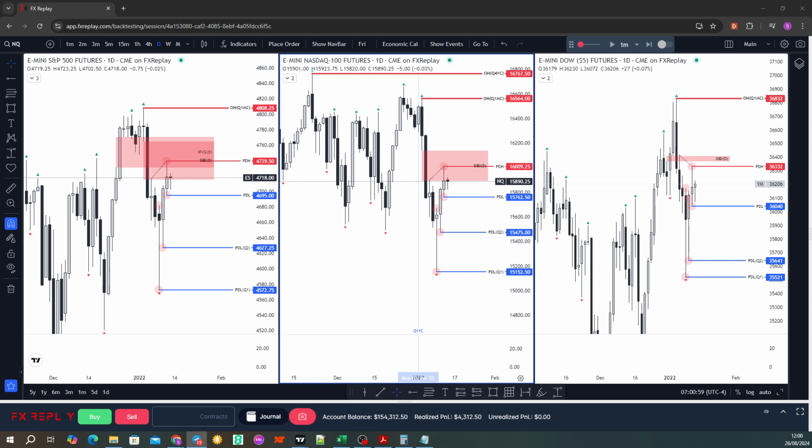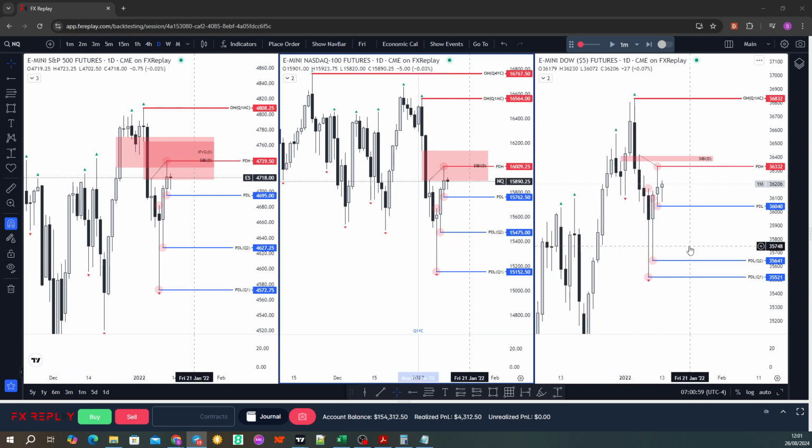Alternatively, could see lower prices targeting the old low. Alternatively, if we see, let's have a look here.